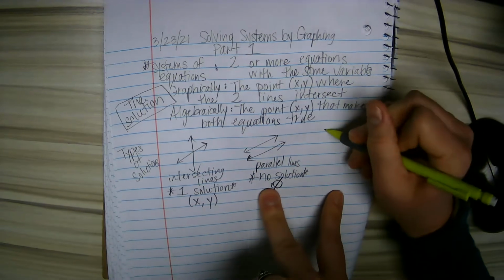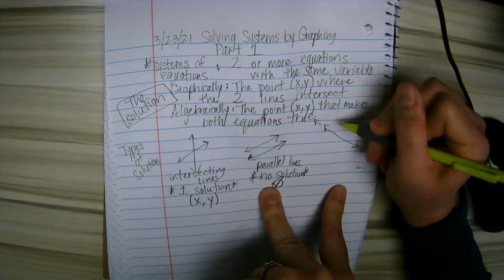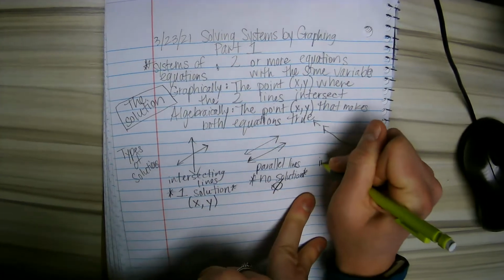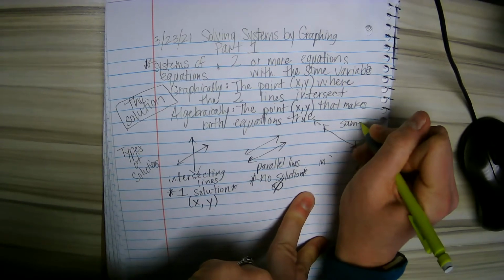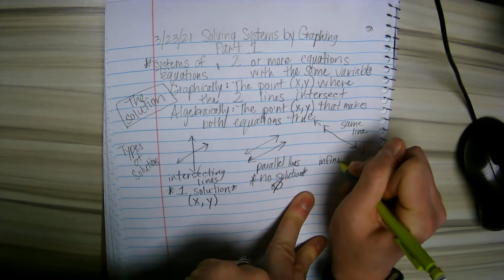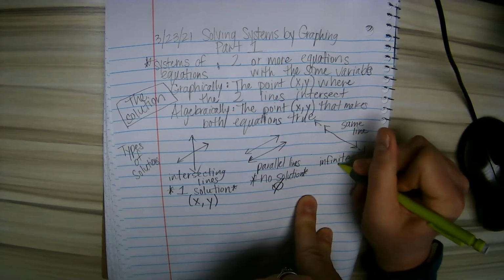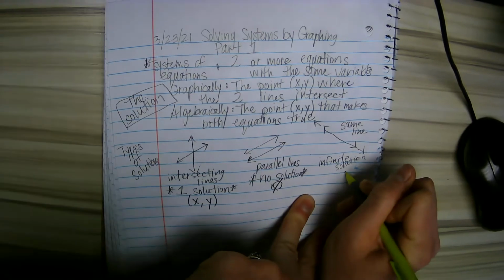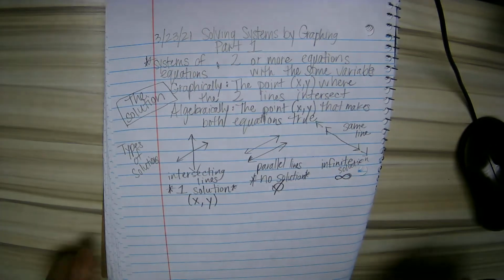Now if we had the same line, so if it was two lines on the same line, we would have infinite solutions, because you could pick any point on those lines. You guys know the sign for infinity. Never ends, right?